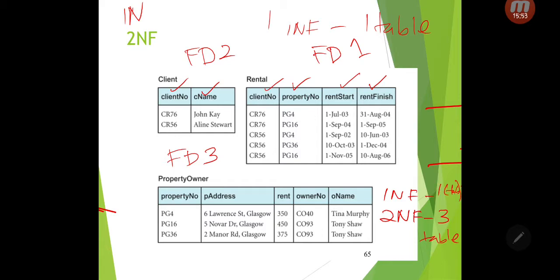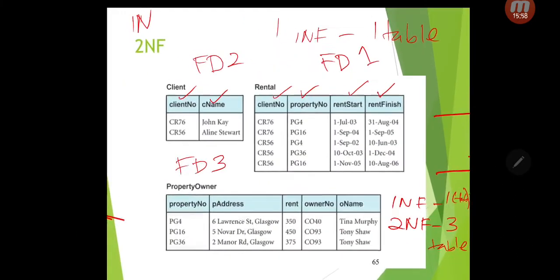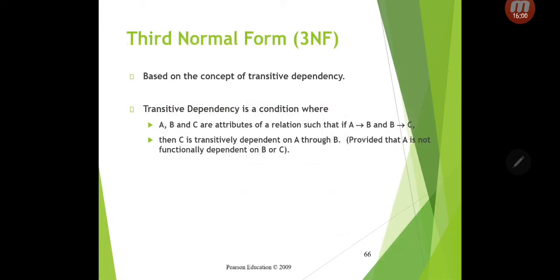Okay, all right, this is the second normalized form. From then we next want to go to the third normalized form. Third normalized form is remove the transitive.